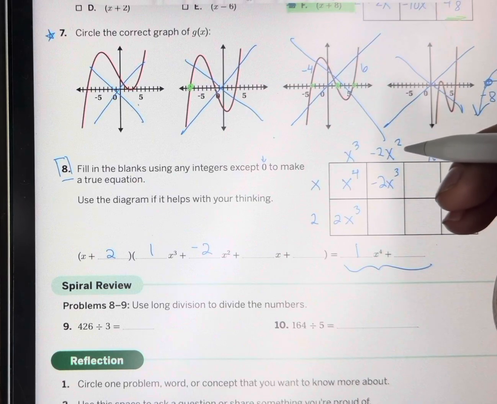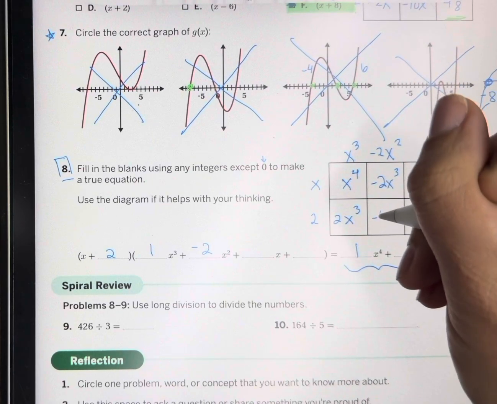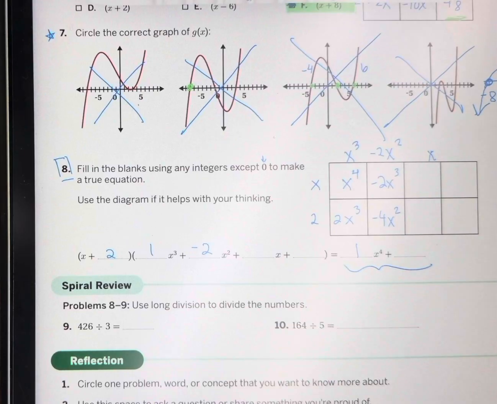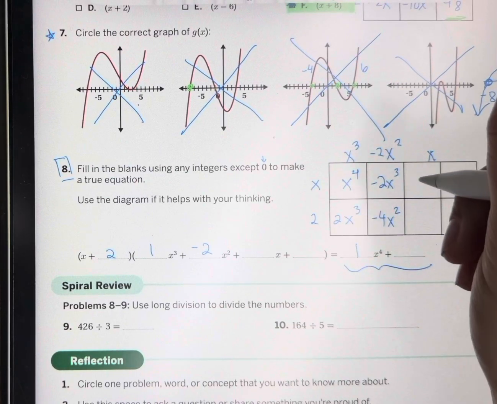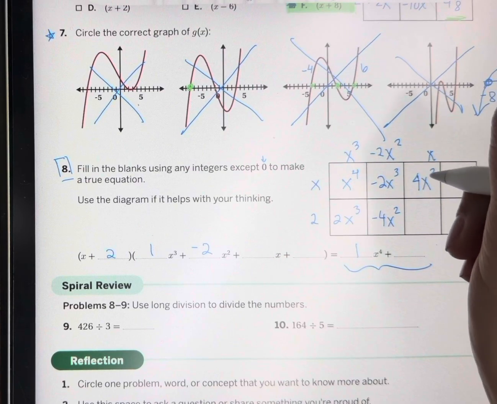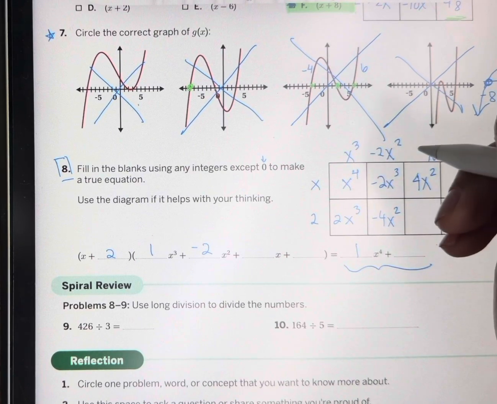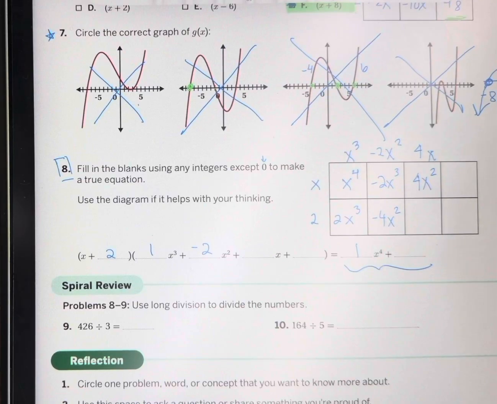Now that there's a negative 2x squared there, multiplied by the 2 is a negative 4x squared. But looking at the answer, there is no x squared term, which means I need to wipe out that negative 4x squared with a positive 4x squared. So that means this needs to be a 4x, so that 4x times x is 4x squared.